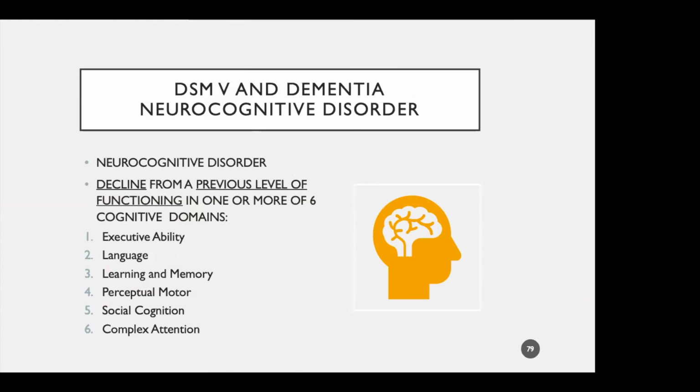Next slide. This is what DSM-5 considers to be a dementia. Now we use the term neurocognitive disorder and we qualify it as major or minor.